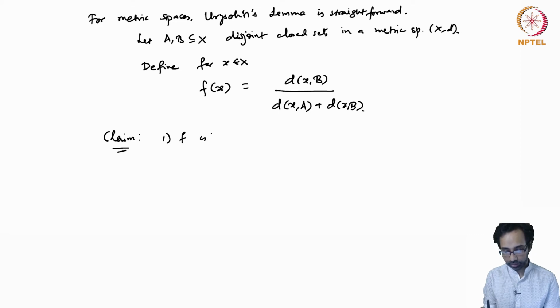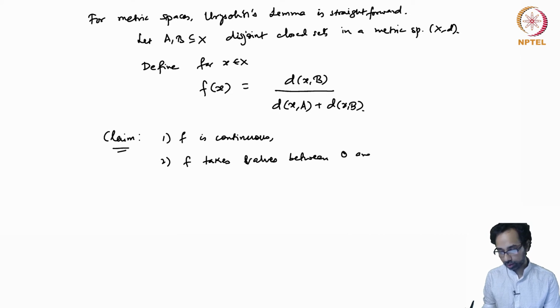First, f is continuous. Second, f takes values between 0 and 1. And thirdly, f restricted to A is 1, and f restricted to B is 0.